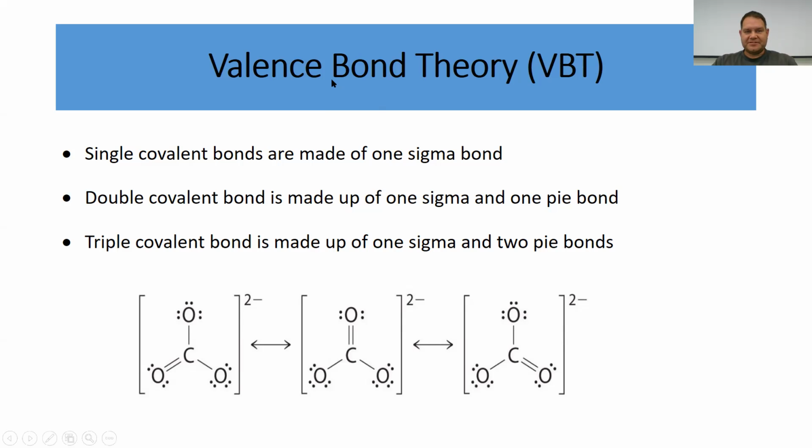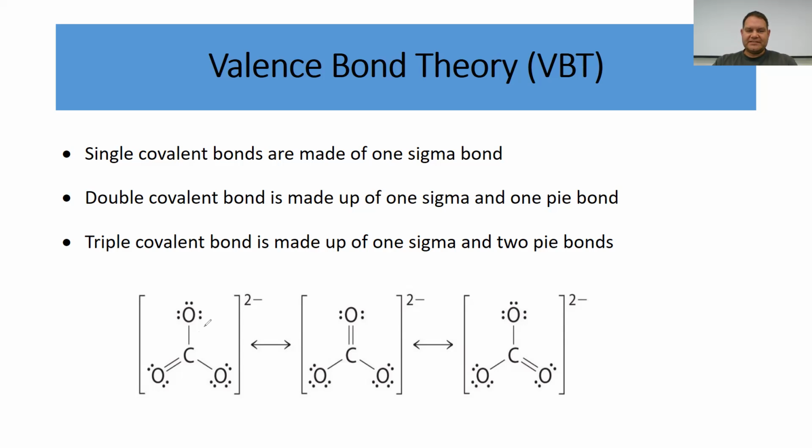So now we're going to use a real Lewis diagram here. This is the carbonate ion, CO3 2 minus. And I already have the resonance structures done for this carbonate ion. What we need to be able to do is look at the covalent bonds that are occurring and determine if it's a pi bond or a sigma bond, or how many pi or sigma bonds.